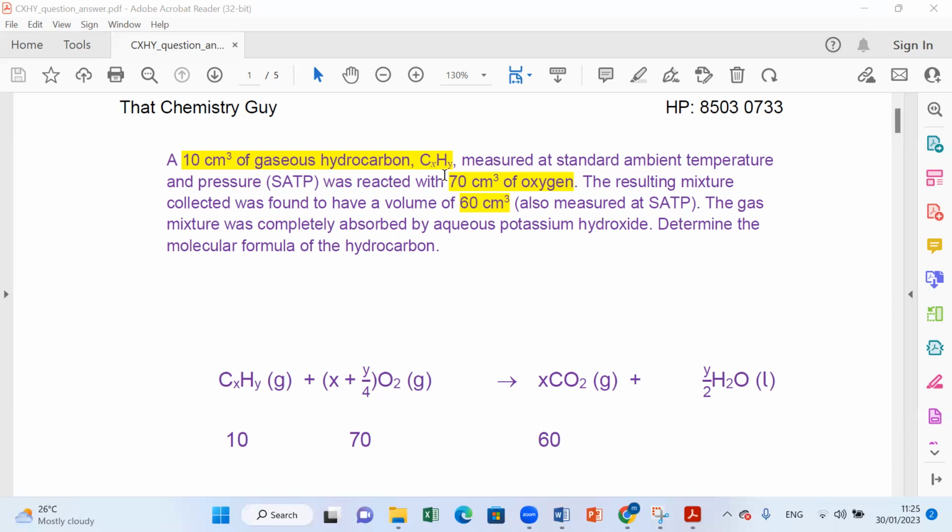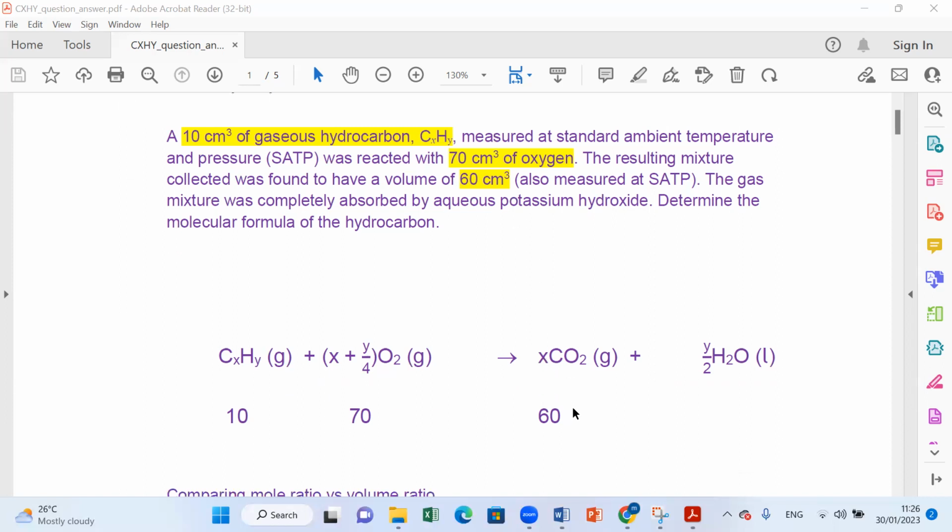And that would mean that the oxygen used, 70 cm cube, is all fully reacted. We'll totally ignore the presence of H2O because, as you can see, at SATP water is in liquid form, so water is ignored in this case. So obviously the 60 cm cube, which is absorbed by KOH, will surely be the volume of carbon dioxide.